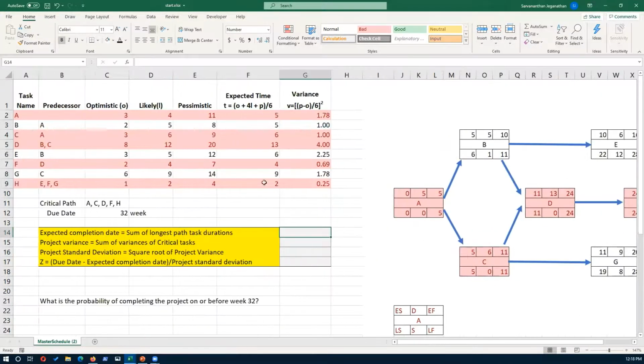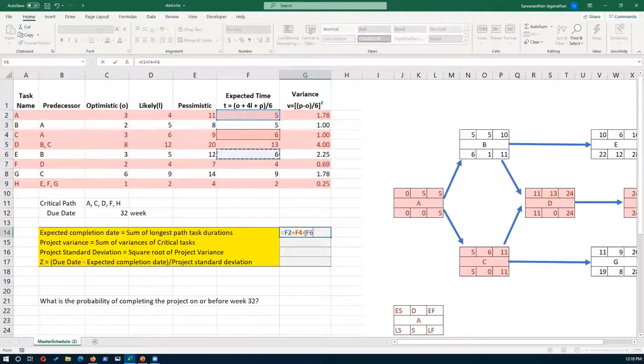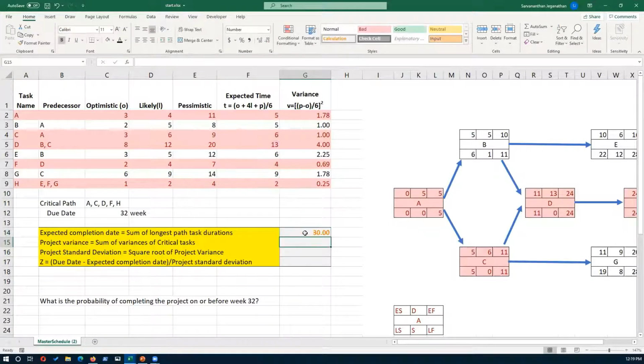So you can also do that from here. So that's going to be the expected time of task A plus expected time of task C, task D, task F, and task H. So again, it's 30. So the variance, that is the total project variance, is the sum of variances of all the critical tasks.